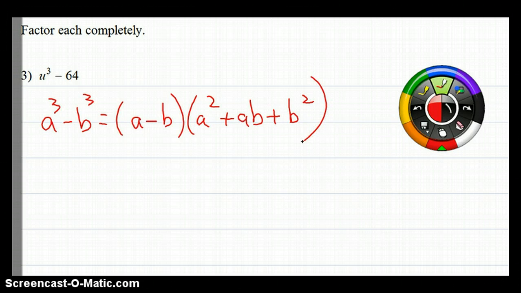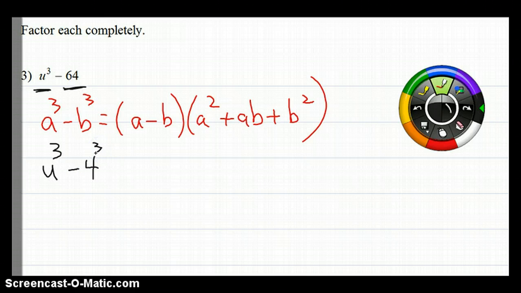And then the second thing is we have to recognize what a and b are. So when we have a u cubed, a is just u, 64. Now in your list of cubes, do you have 64 as 4 cubed?